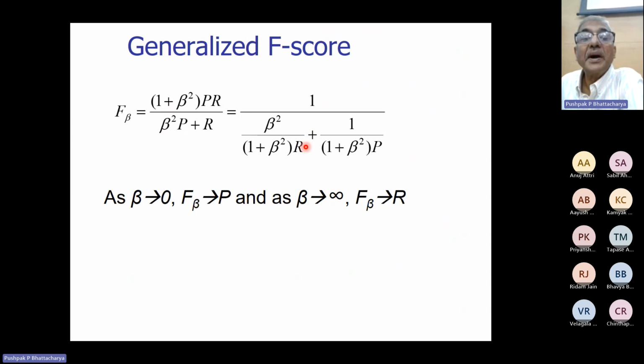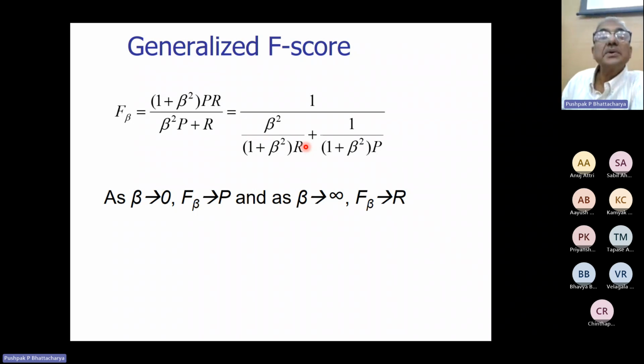And what is the property of harmonic mean? It gives importance to the lower of the two values. Arithmetic mean is biased towards high values, harmonic mean is biased towards low values. And that indeed should be the case. If both precision and recall are important to me, then I should give importance to the lower of the two values, because the other higher value will automatically rise in that case.